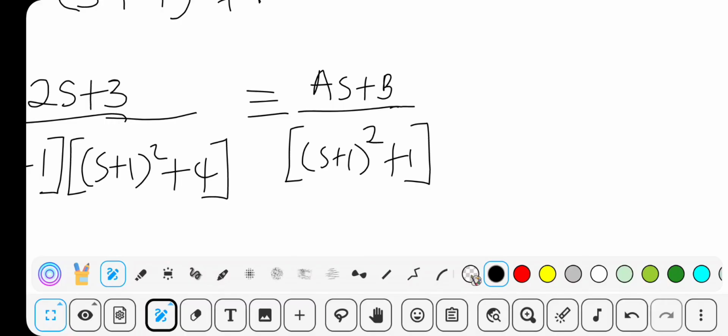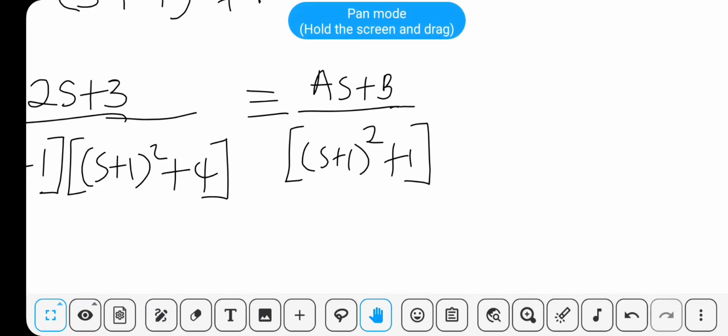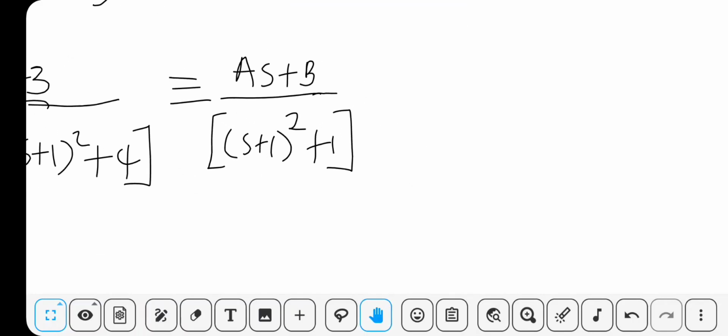Just know that most times, in fact all the time, the numerator must have a lesser power of s than the denominator. And for partial fraction, this is how you do it when the denominator is to the power 2 plus a number.